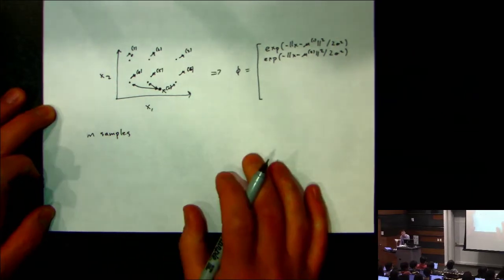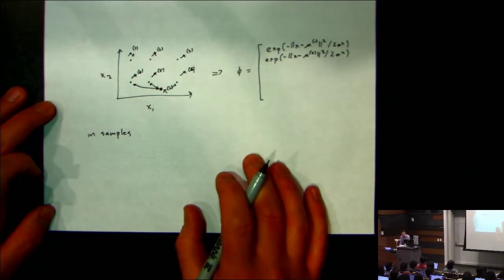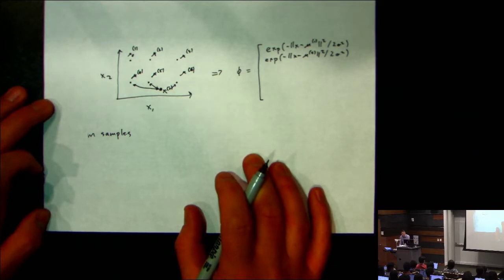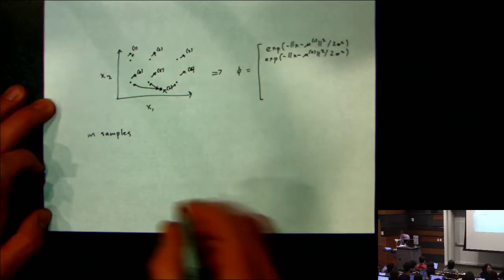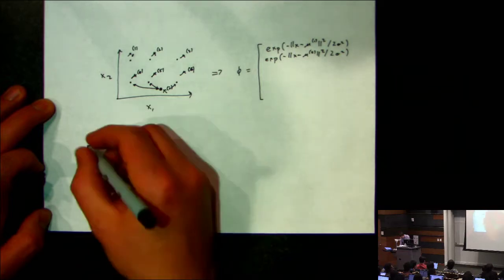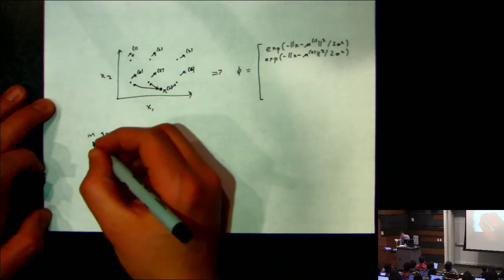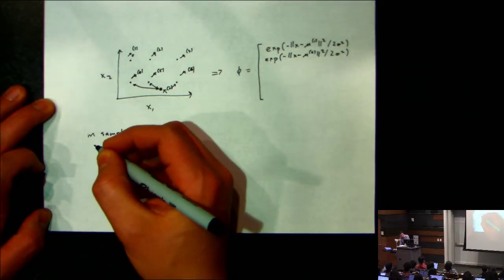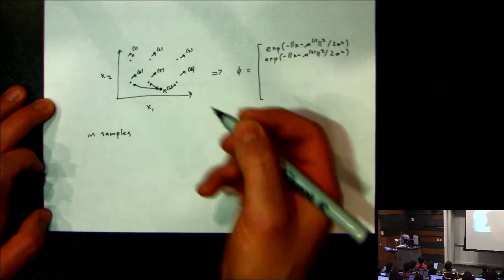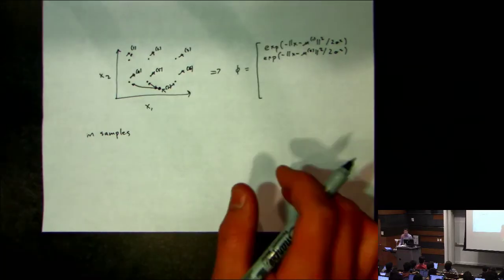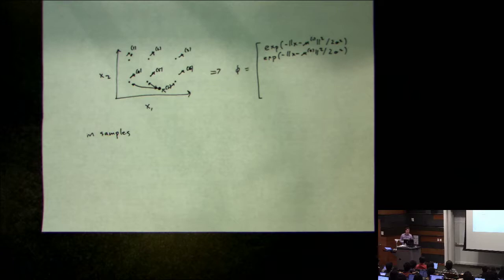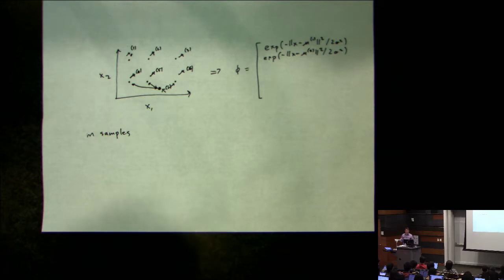Yep. n examples, no, m examples. n dimensions. Yeah. Okay, yes. Okay, so does anyone want to argue the n squared case? You were all convinced by that thoroughly? Okay, well, it is right.